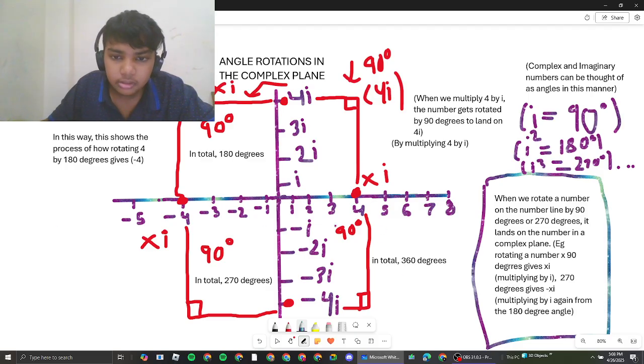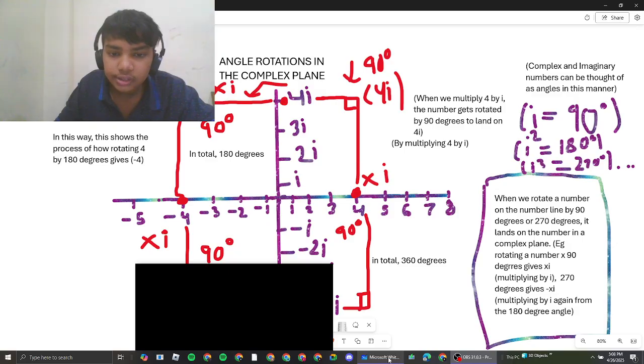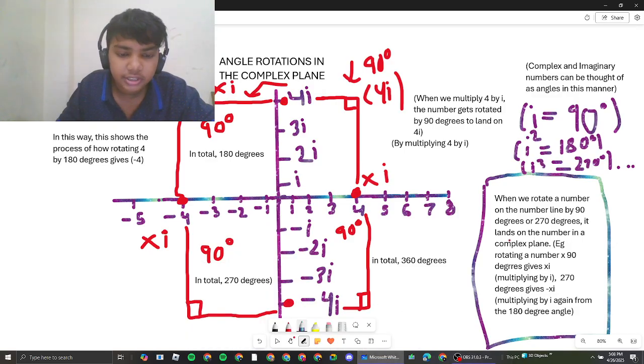So that's how converting 4 to -4 or -4 to 4 would be a 180 degree rotation. From here 180 degrees, then here it will be 270 degrees by adding 90 degrees, then here 360 degrees, and we would land back here. So we can do it vice versa. Understood? That's how you do the process.